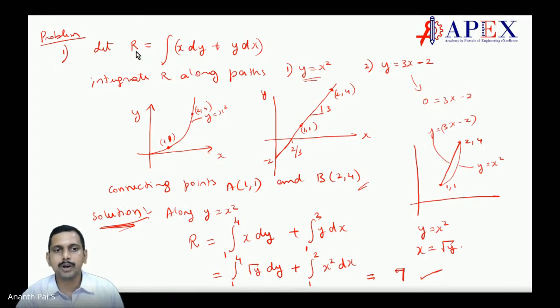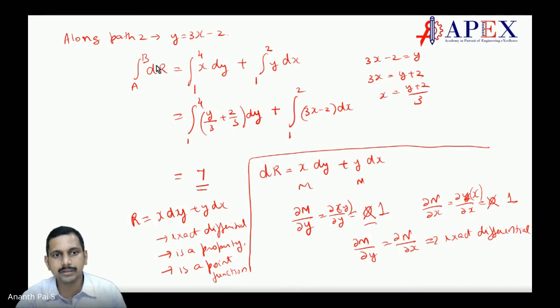We took an example of a quantity R, which can be given as the integration of x dy plus y dx. And we integrated along two paths, y is equal to x square and y is equal to 3x minus 2, which connect the same two points. When it was integrated along y is equal to x square, we got the number 7. Similarly, when we integrated dR along the other path between those two points, we got 7 only.